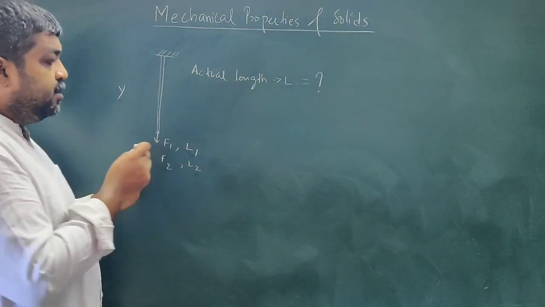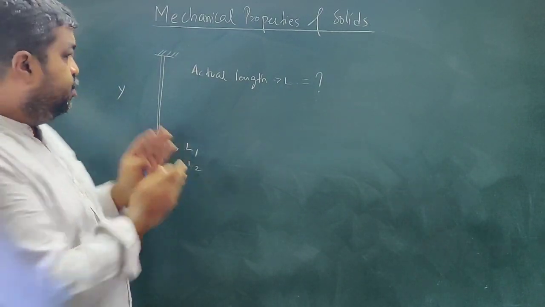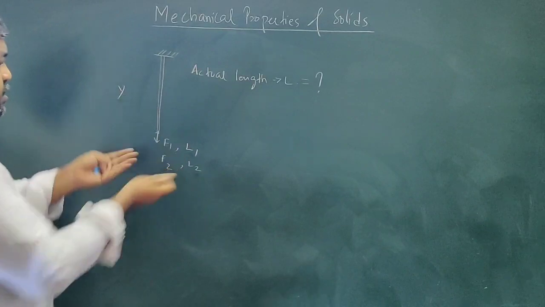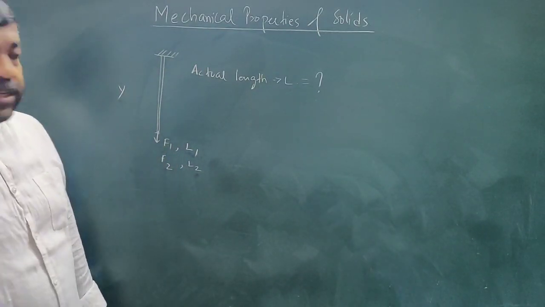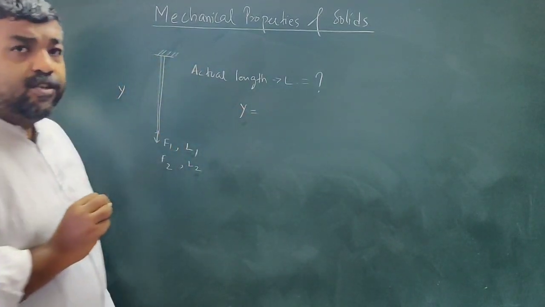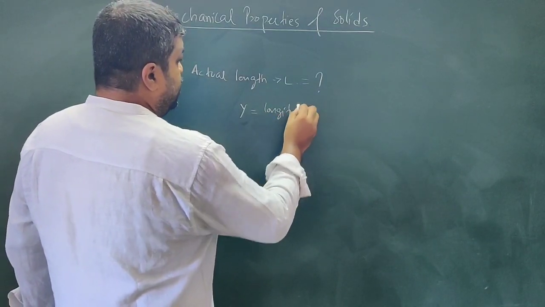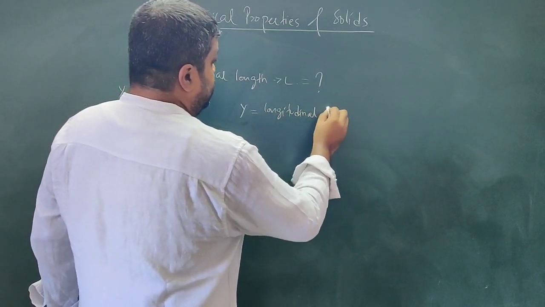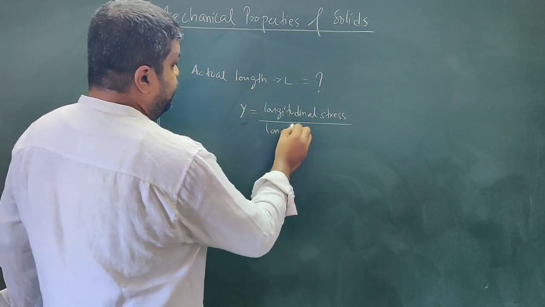So first of all, you need to identify what formula you are going to use. Basically, it appears that this question involves the expression for Young's modulus, and Young's modulus, Y, is the ratio of longitudinal stress to longitudinal strain.